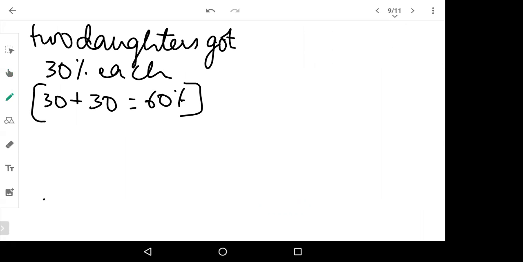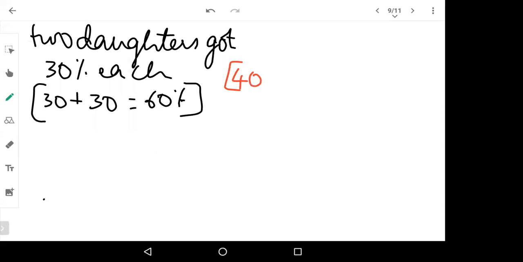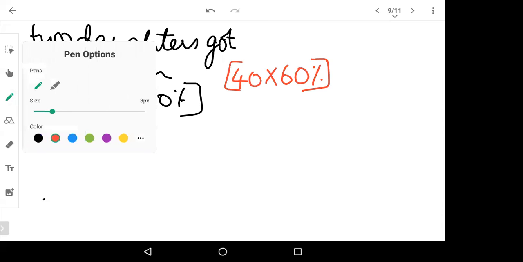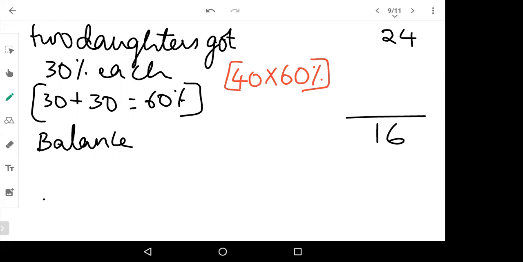So 60% of what? Remaining is 40. In that 40, if you get 60%, so that will be 40 into 60% will be 24. So 40 minus 24, the balance left out is 16. Okay, balance left out is 16.